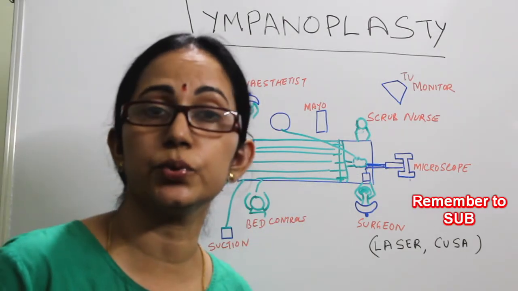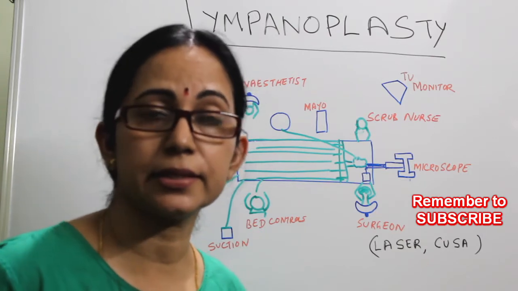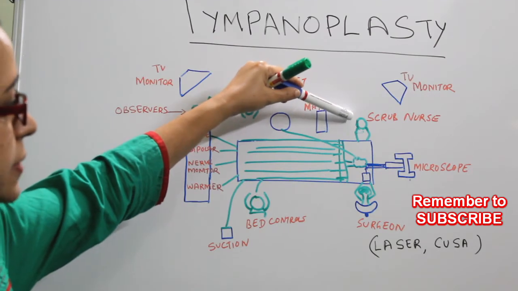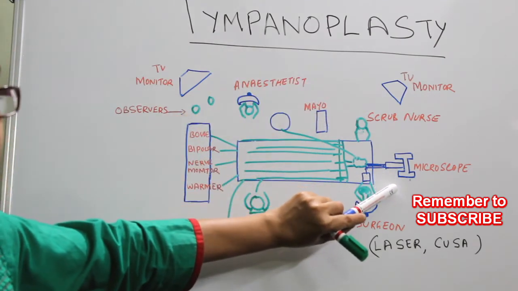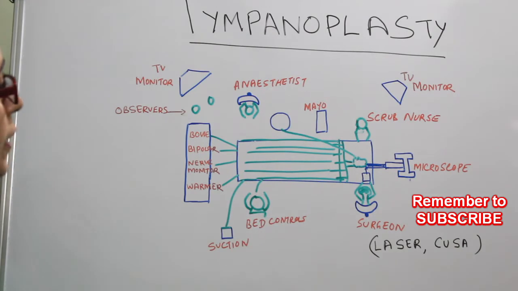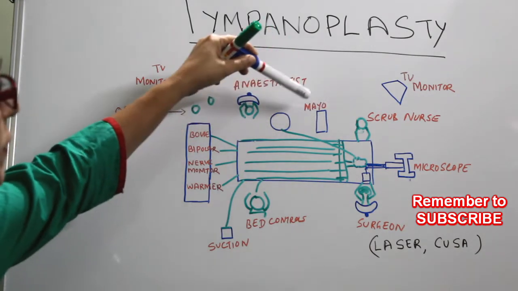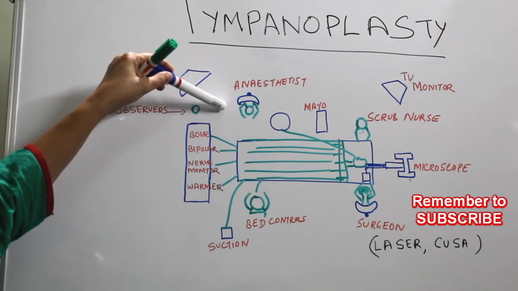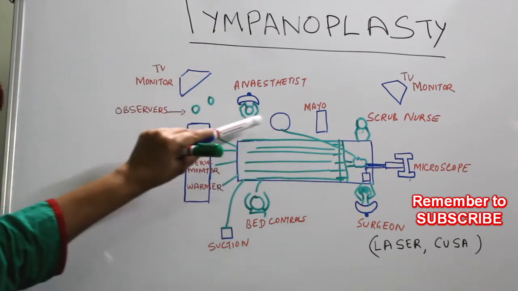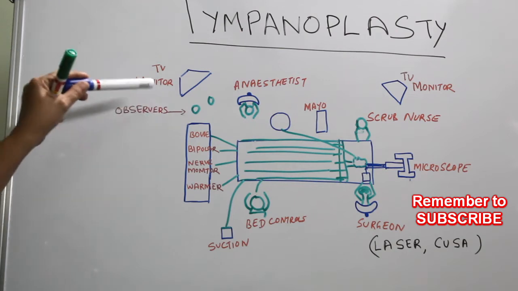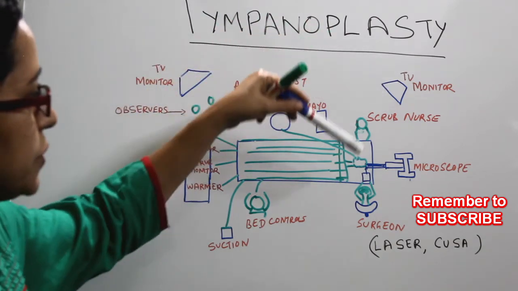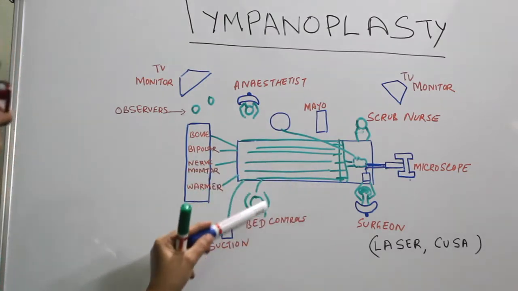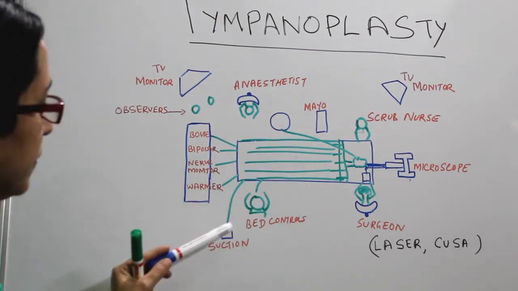It is always convenient to use a chair with a backrest rather than sitting on a stool. And this is the position of the scrub nurse, and the microscope is kept at the head end of the table, and the scrub nurse with the Mayo table, and this is the position of the anesthetist in case of general anesthesia, and the TV monitors are kept opposite to the surgeon, along with the bed control and also the suction.